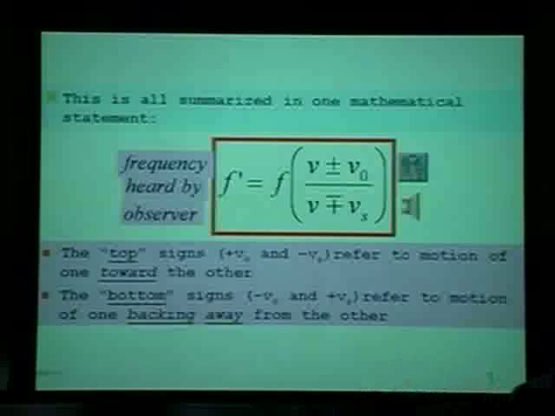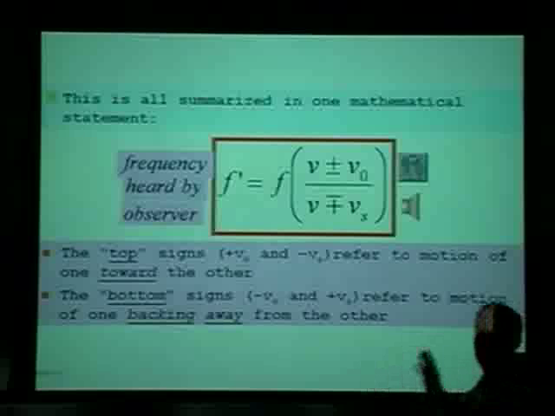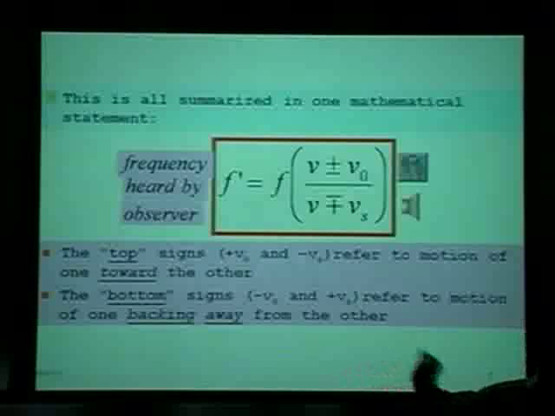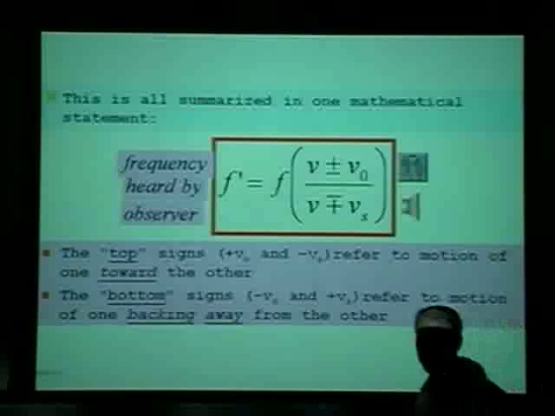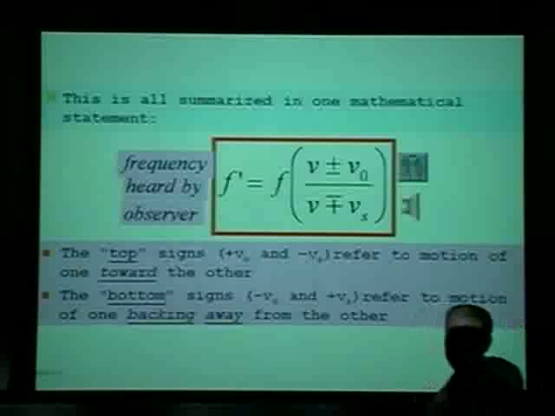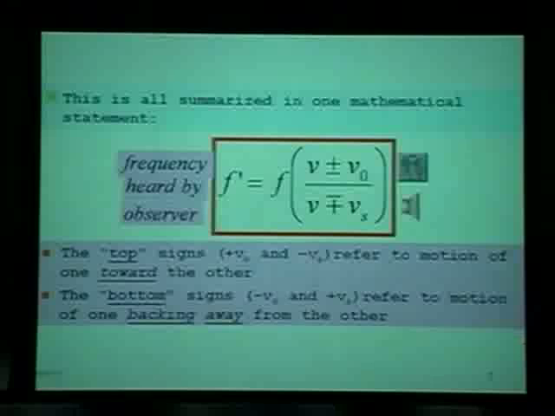If I, as the observer, am moving in that direction, whatever the source is doing, I don't know what the source is doing, but I know it's over there somewhere. If I'm moving in that direction, I'm moving toward the source. So I would use the top plus sign in the numerator.